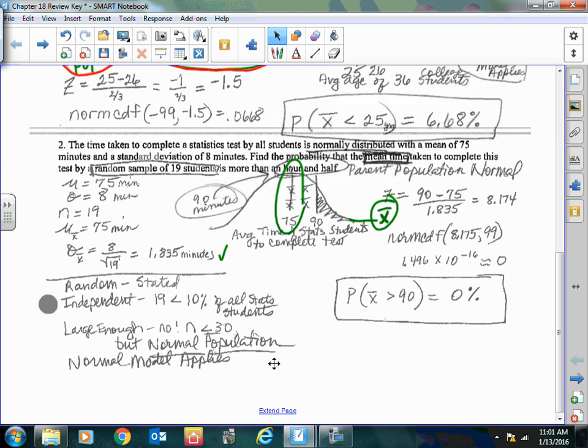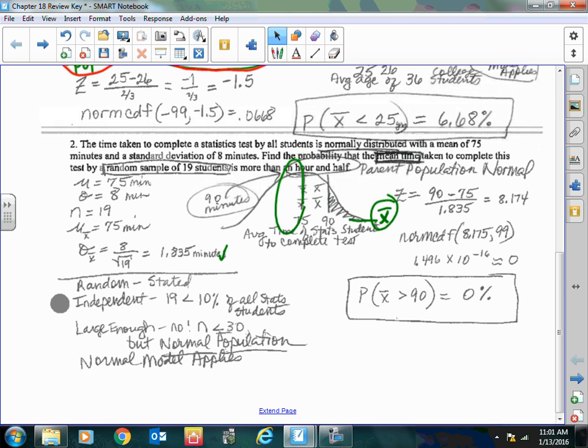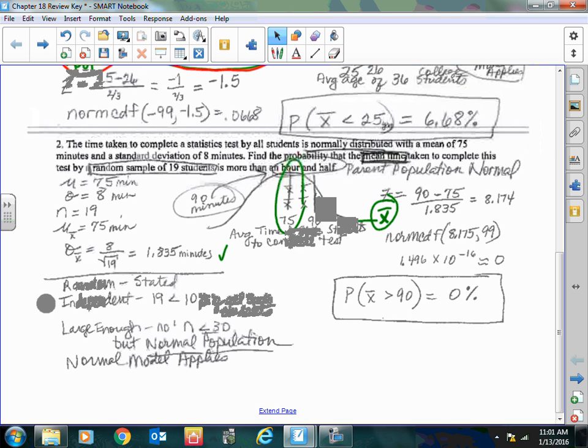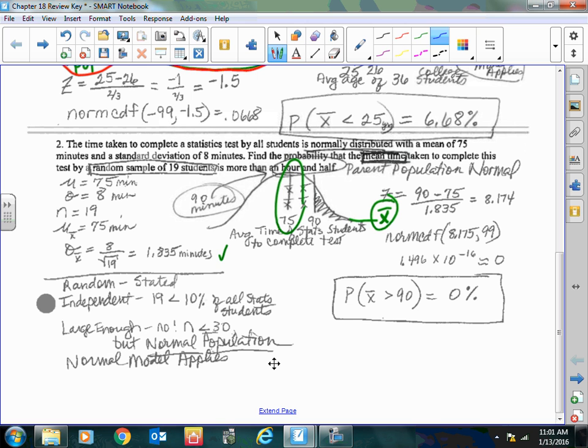So how was I still able to know that I could use the normal model? Because they said that the parent population was normally distributed. So anything that drops out of it is good to go.